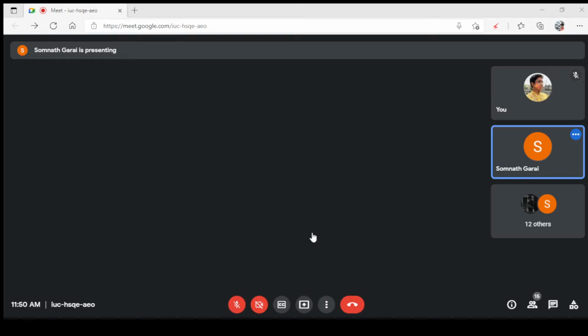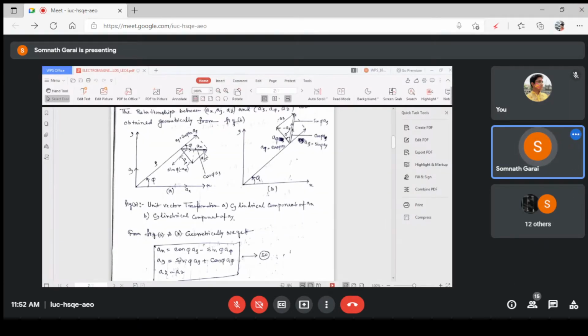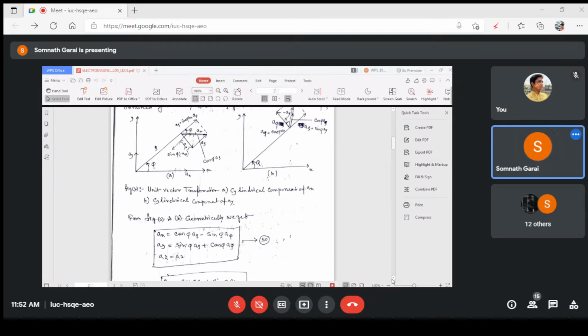Got my point? ax is equal to cos phi a rho minus sin phi a phi, because according to the x direction, the component of the a rho vector is cos phi a rho, and the component of the a phi vector is minus sin phi a phi. That's why ax is equal to cos phi a rho minus sin phi a phi. Got my point? Any doubts, anyone?